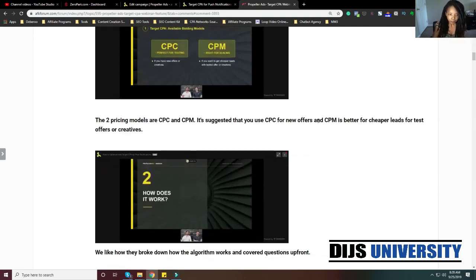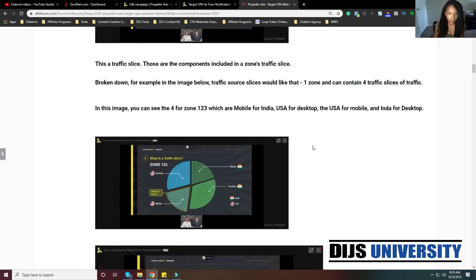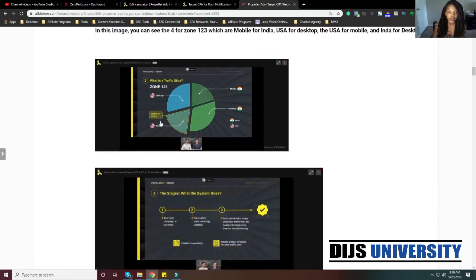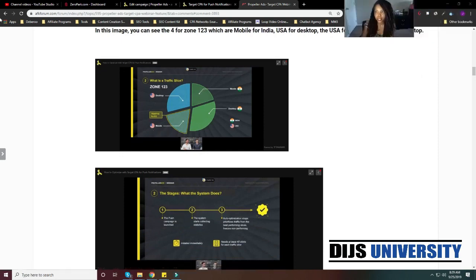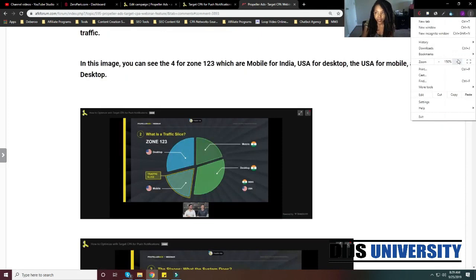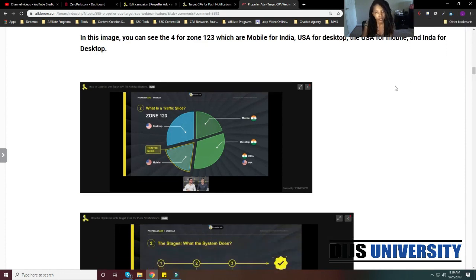Now, whenever you set this up, this is what I mean. So you have your zones, and then, okay, I called it sources. They call it traffic slice. So what they're saying is your traffic slice can be broken down into a particular geo. Let me make this a little bigger for you guys, because we're gonna dive into this target CPA because we're testing it, and I want you guys to get our honest opinion about it and to know how to analyze it.